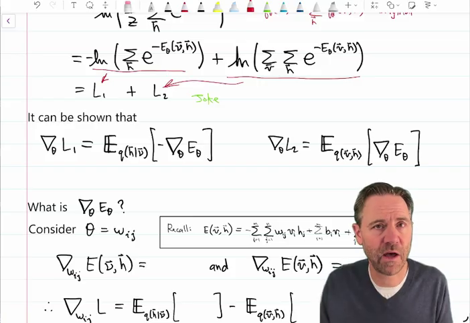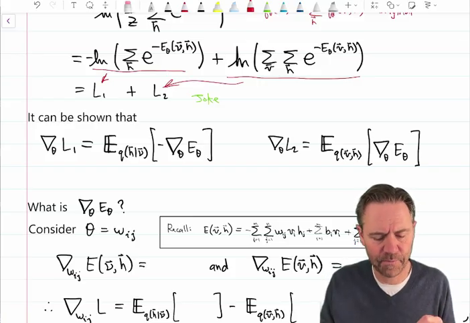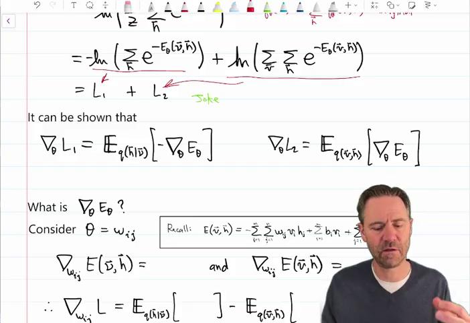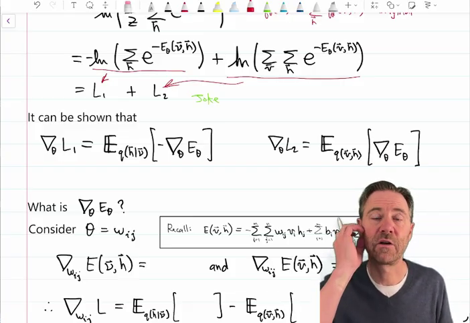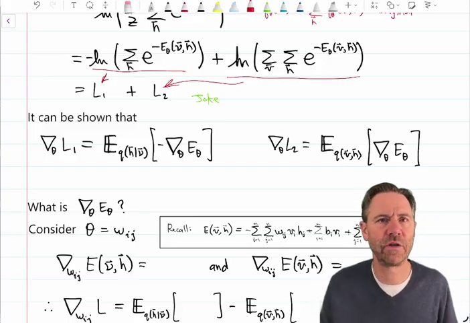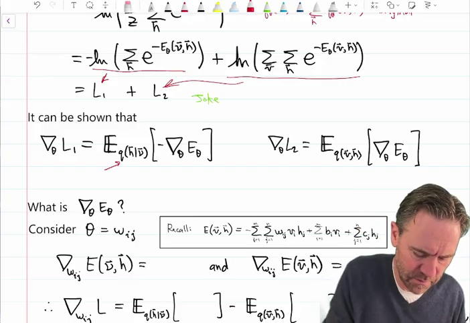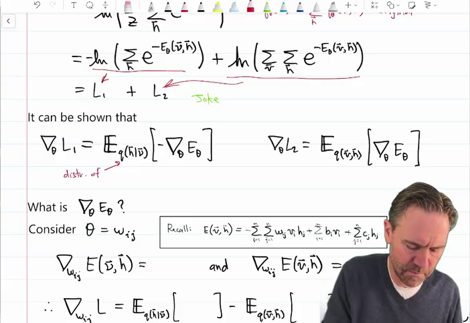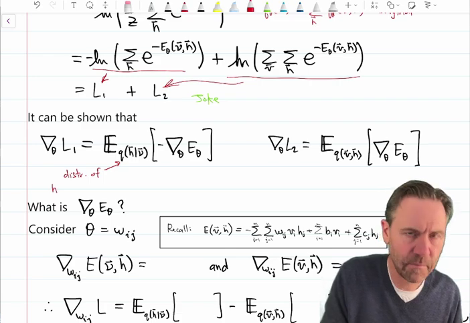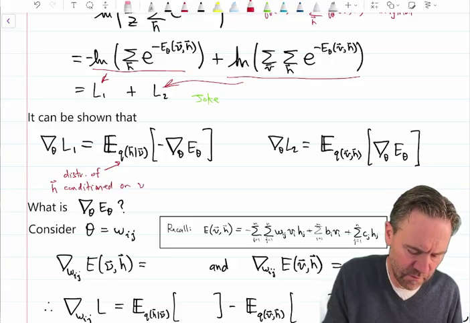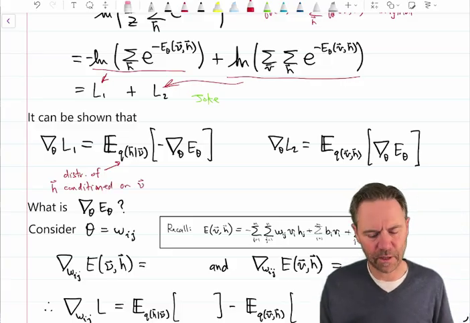The expected value is evaluated over Q of H given those fixed visibles, the sort of scripty Greek V. So this is a distribution of H conditioned on V. Okay, expected value.